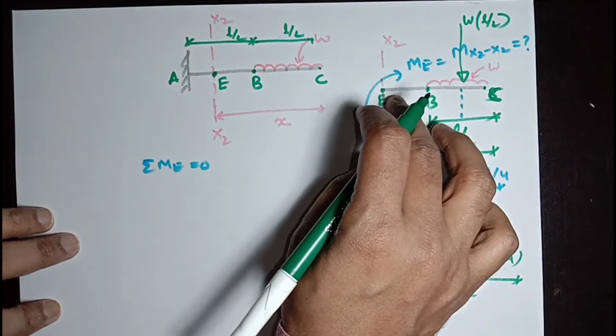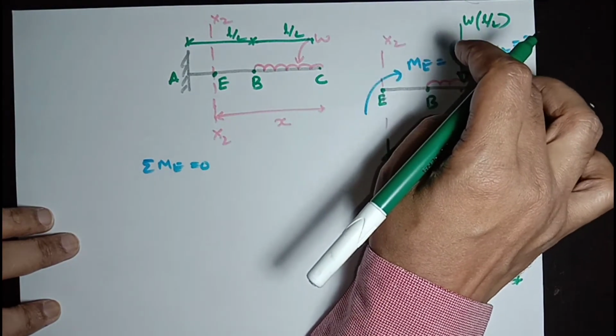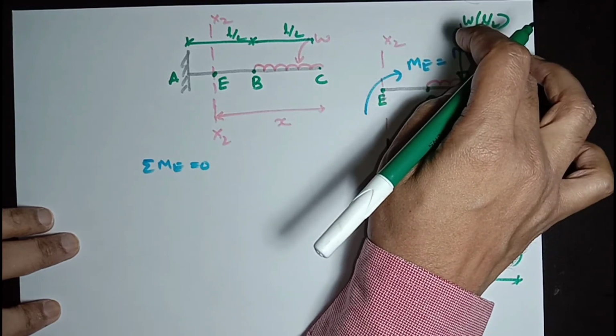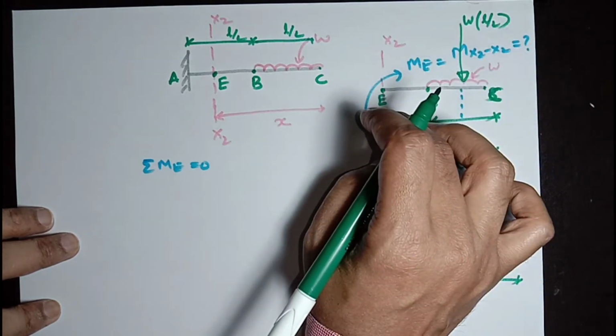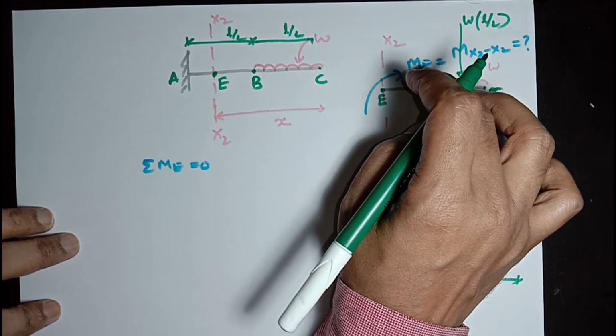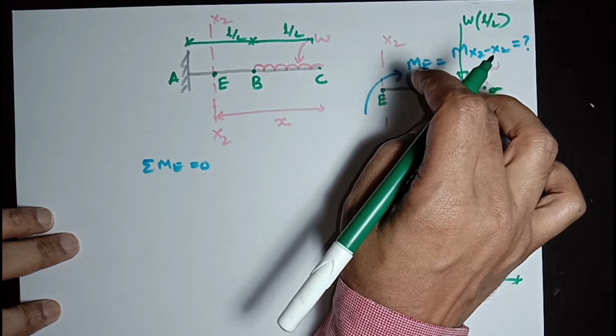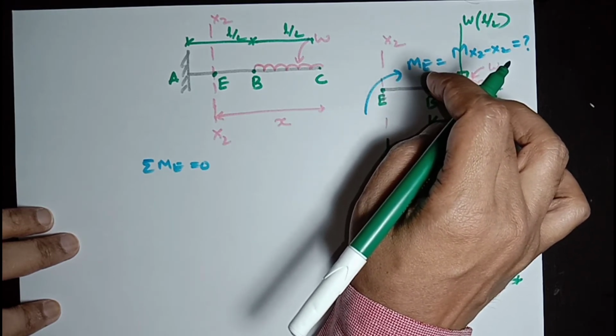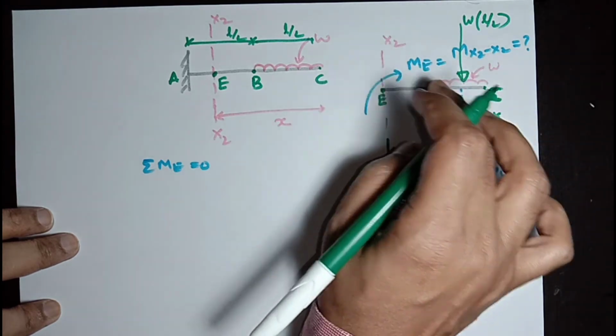So the moment about E: this is the clockwise moment created by the total load WL by 2, and as I assumed, the moment at E, which is our subject of analysis, is also in the clockwise direction.